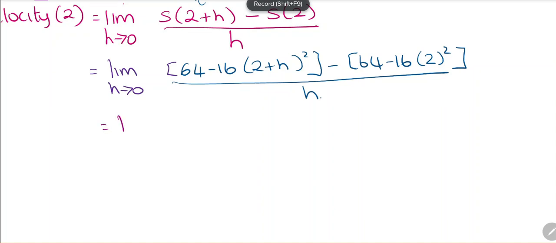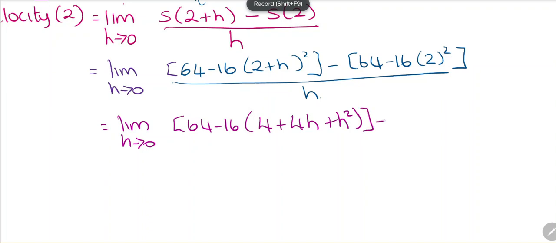So the limit as h is approaching 0, we need to expand. So we're going to have 64 minus 16, and then this here is going to be 2 squared, so that's going to be 4, 2 times 2h is going to be 4h, plus h squared.